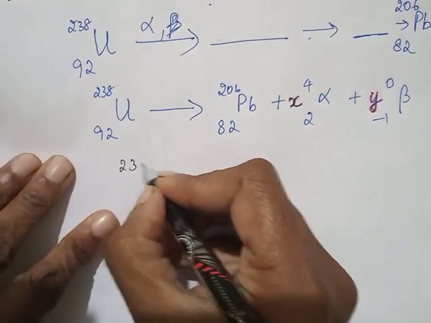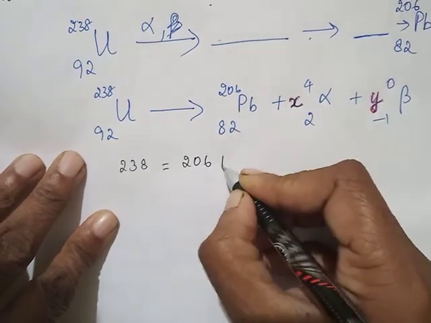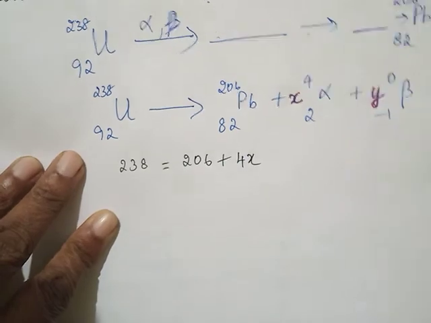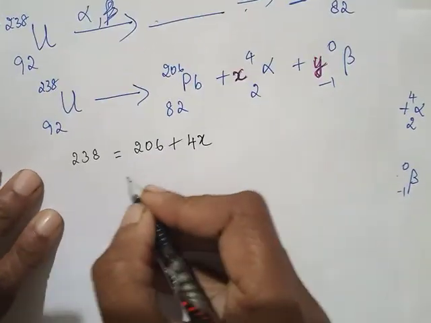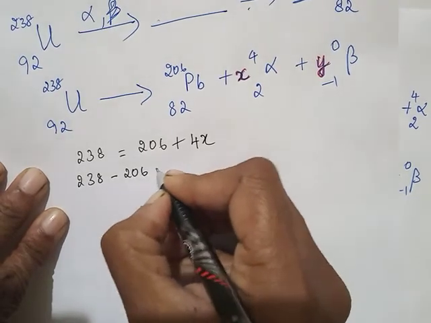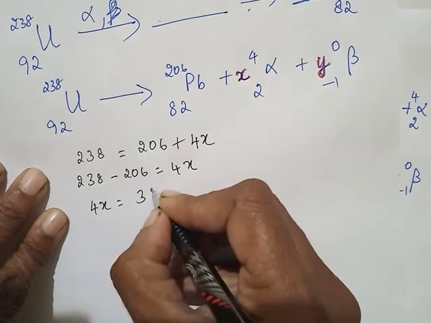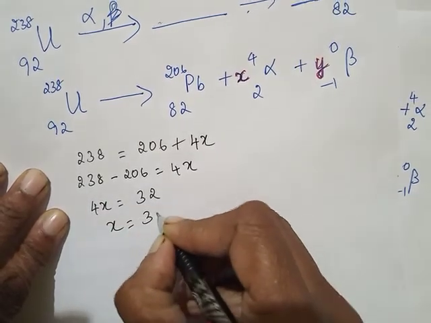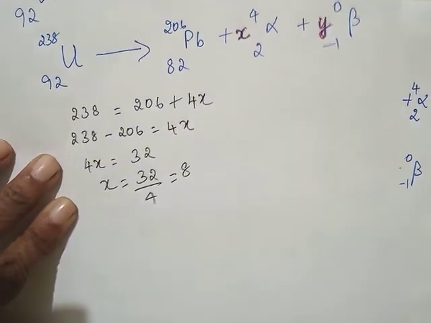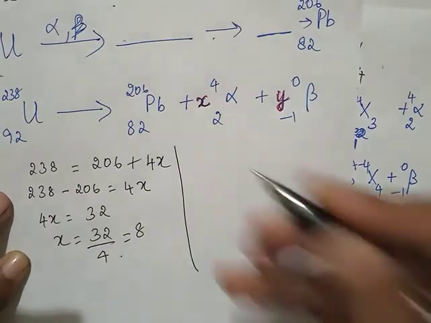So 238 is equal to 206 plus X into 4, that is 4X, plus Y into 0, which is 0. So 238 minus 206 is equal to 4X. 4X is equal to 32. X is equal to 32 by 4, that is 8. Can you understand? So 8 alpha particles have been emitted.